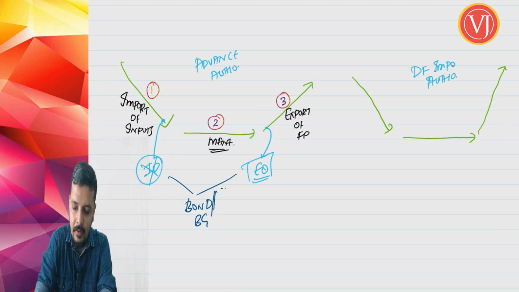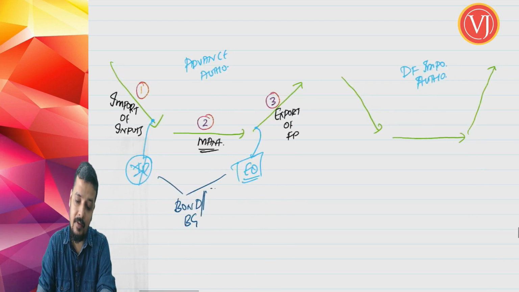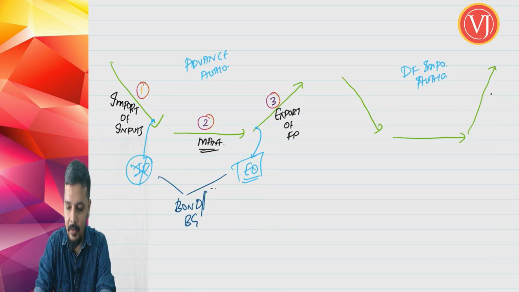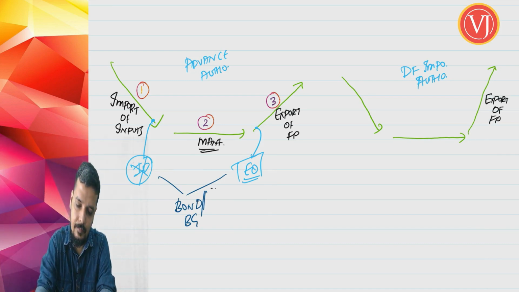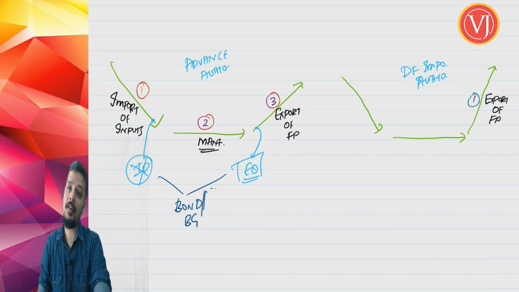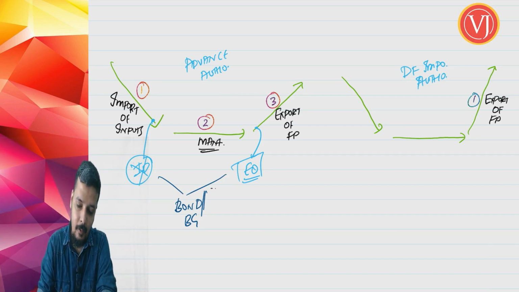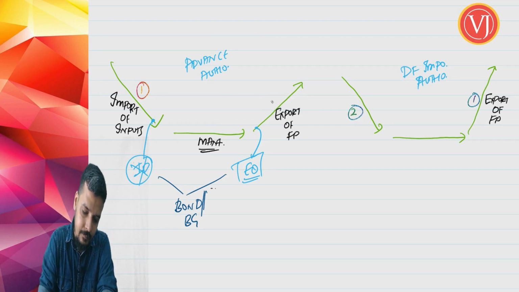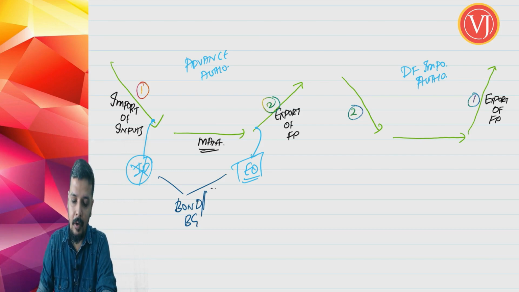Duty free import authorization works in a very different way. First, you make an application for duty free import authorization. You prove your exports. Then for the further manufacturing and exports, you go for your duty free import authorization.